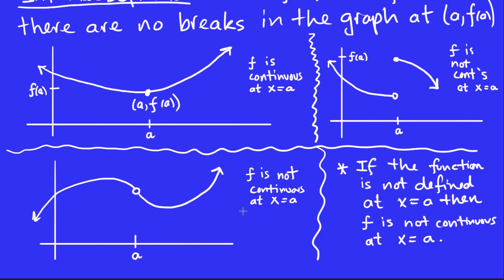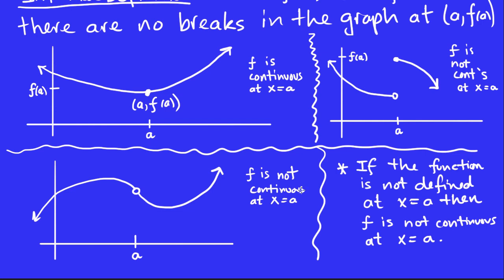Okay, so the function has to be defined, such as in these first two examples. And not only that, the graph cannot have a break, okay? If you have to draw the graph and lift your pen from the paper when you get to a, that's going to mean there's a break in the graph, and therefore it's not continuous there, okay? So that's the intuitive definition of continuity, that the function is defined at that point and there's no breaks in the graph.